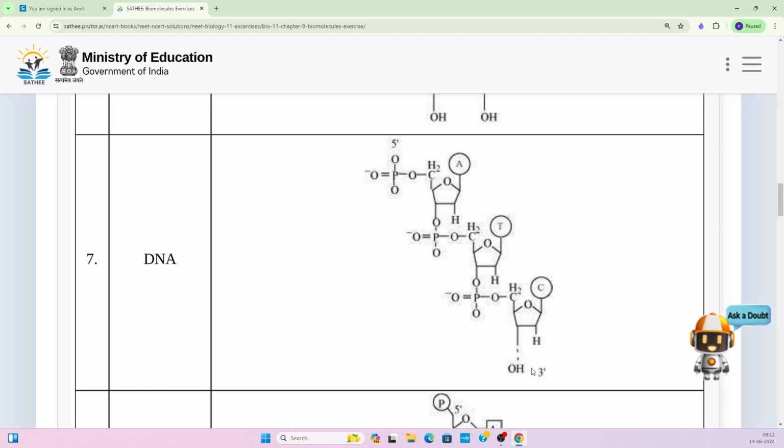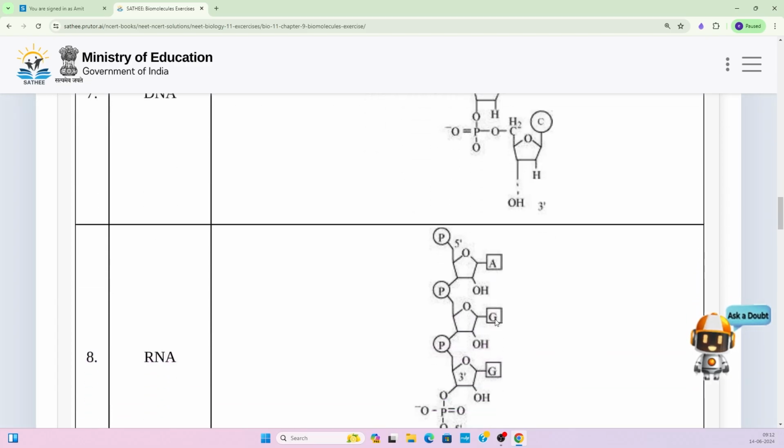This phosphate and deoxyribose sugar are forming the backbone of the DNA, and the nitrogenous base is towards the inner side. So this is the structure of DNA, single helix.